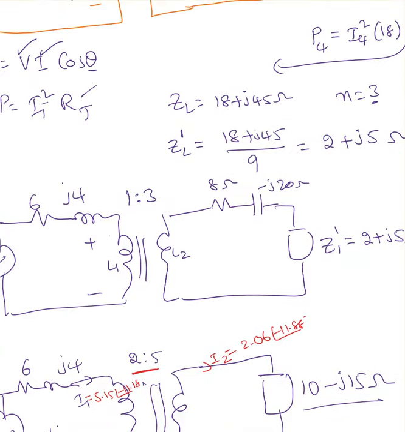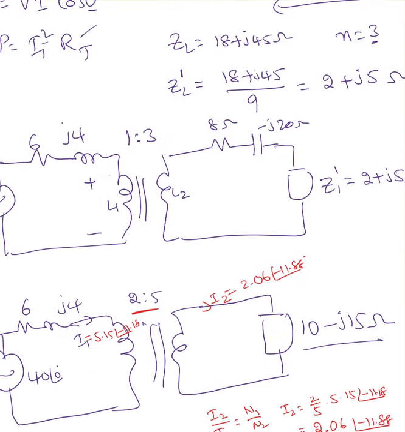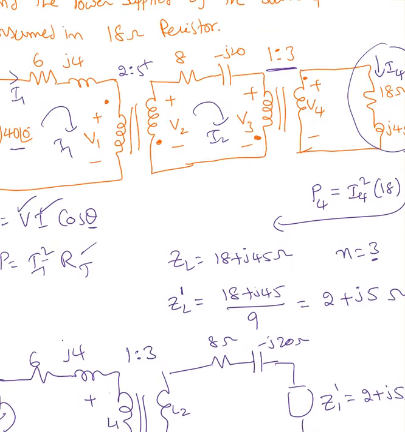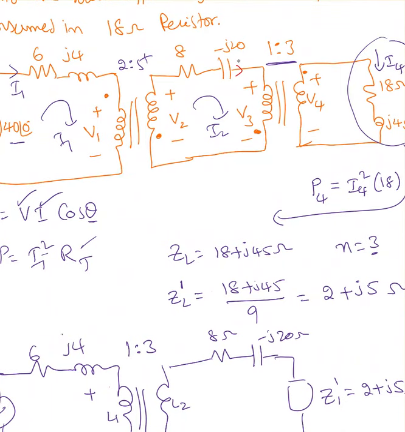My goal is finding I3, or I4. So here I have this current as 2.06 at an angle of negative 11.88. My goal is finding this current I4. I can write it as I4 over I2 equal to N1 over N2.